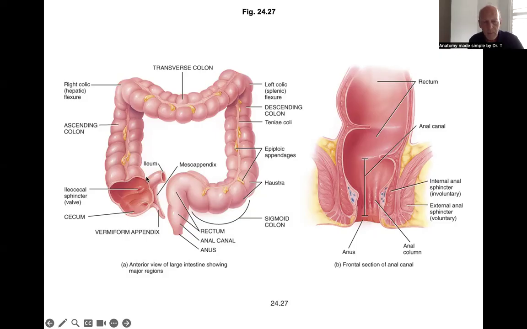Cecum is interesting for another thing for us because at its base, another interesting and important landmark is what we see. It's the vermiform appendix. As you can see here where I'm pointing with a cursor. The appendix is also internally hollow. It has its lumen, and its walls are loaded with mucosa-associated lymphatic tissue.